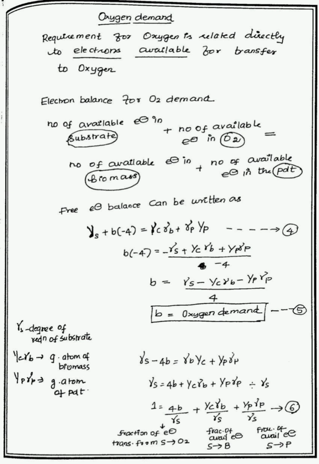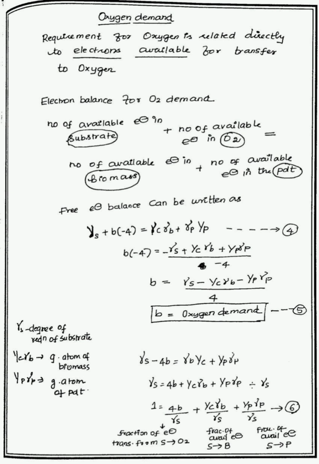And then finally we are getting the value of b, and you are substituting: gamma s minus 4b equals gamma b yc plus gamma p yp, right?